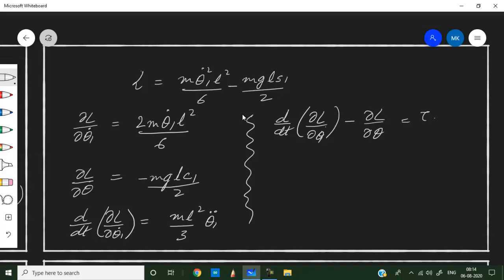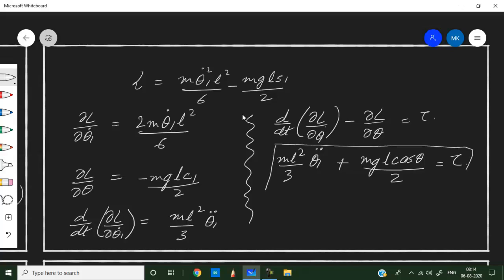Substituting these things, we have ml square by 3 theta 1 double dot plus mgl cos of theta by 2 is equal to tau. So this is actually the equation of motion of the pendulum that you must have seen earlier also.